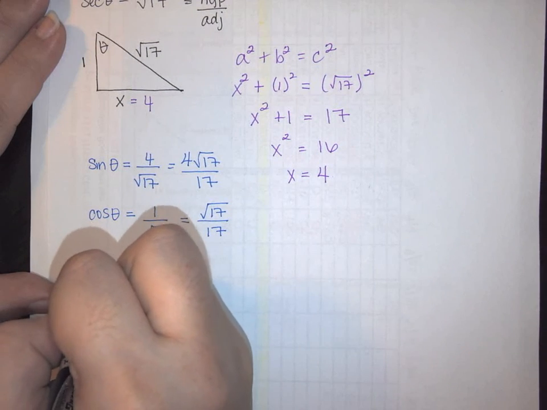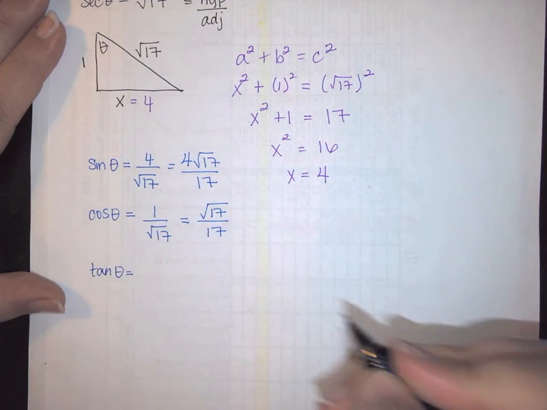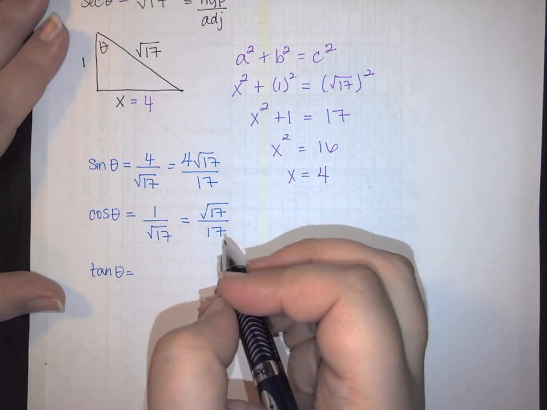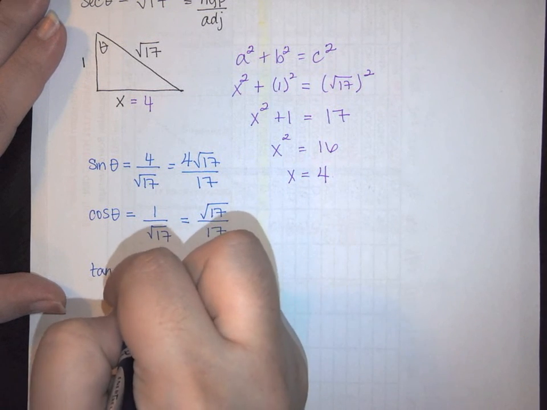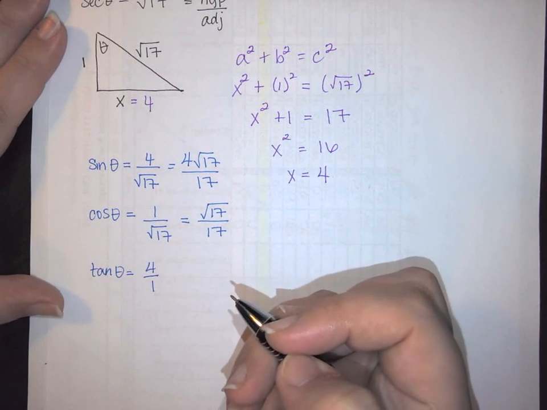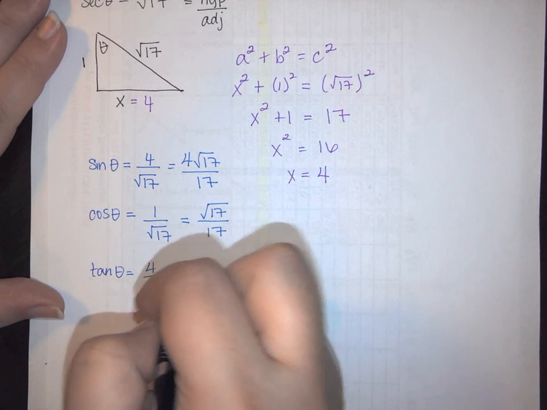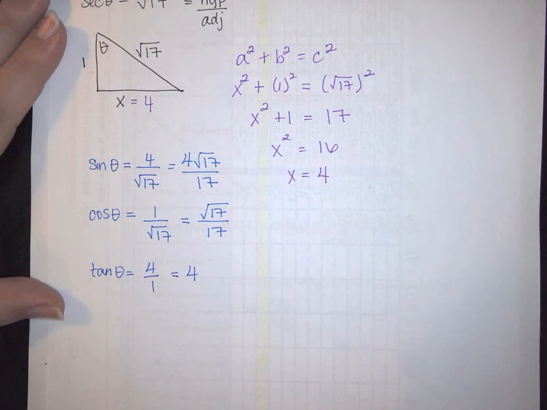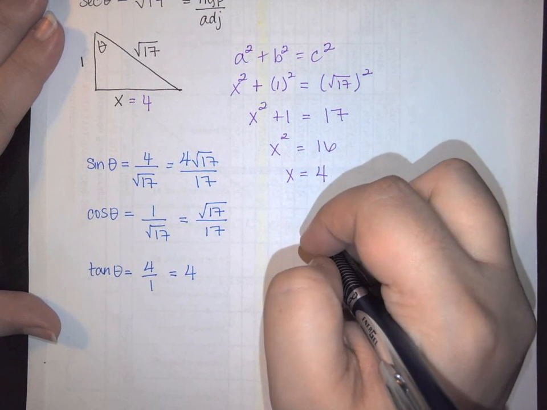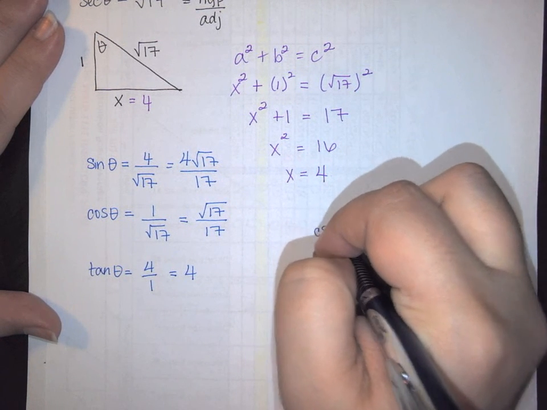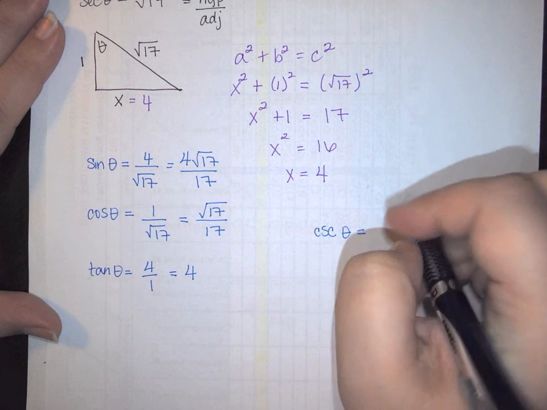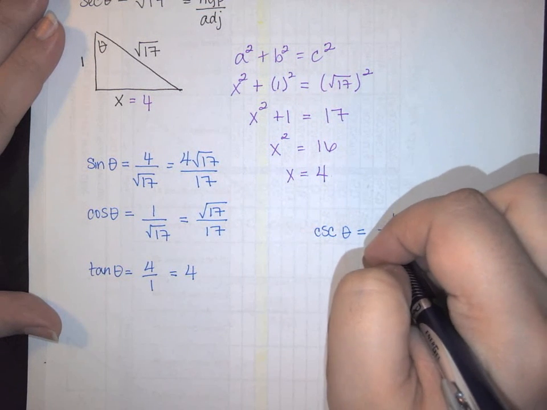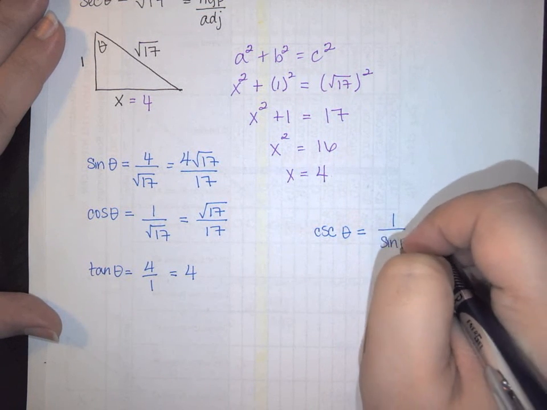Now we need to do tangent. So my tangent is opposite over adjacent, so this becomes 4 over 1. However, most of us would just simply write that as 4. Now the last ones we have is cosecant. So cosecant is the same as 1 over the sine of theta.